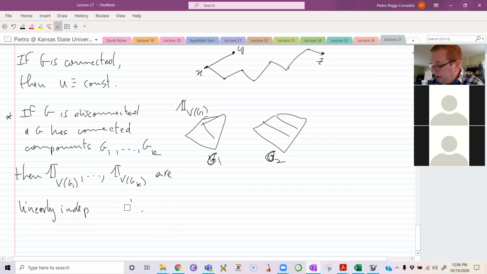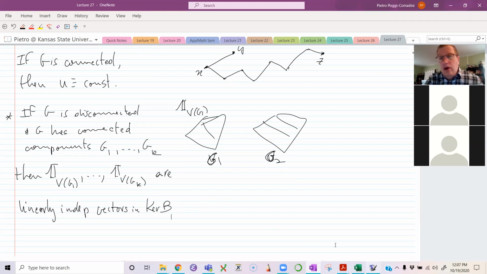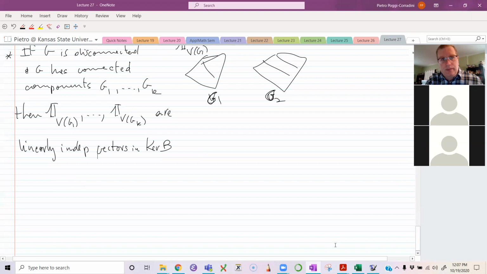They're going to be eigenvectors for the Laplacian, but for B, they're just linearly independent vectors in the kernel of B. So anyways, the dimension of the kernel is equal to the number of connected components. This can be shown.